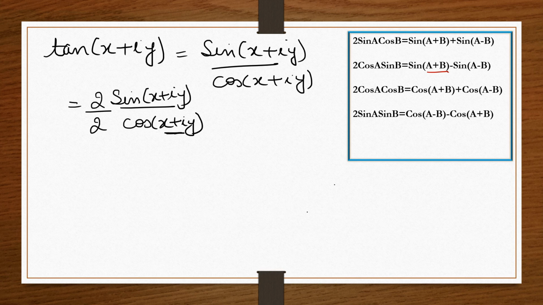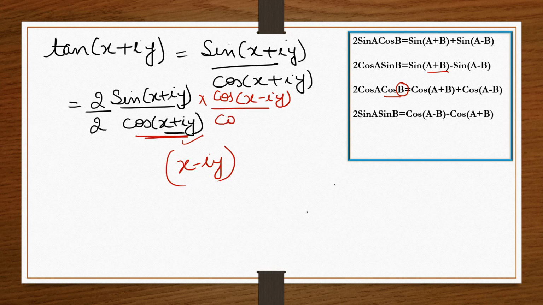Because we already have cos, we'll apply cos B, and this B we take as x minus iota y. That means we'll multiply and divide with cos(x minus iota y), and we have taken the conjugate of this thing.